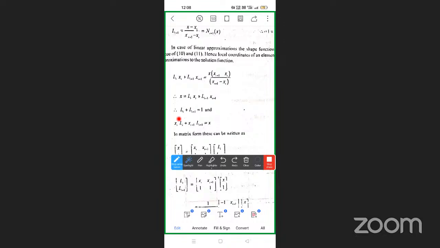We know that L_i plus L_{i+1} is equal to 1 and x_i into L_i plus x_{i+1} into L_{i+1} is equal to x. So these two equations, in matrix form.